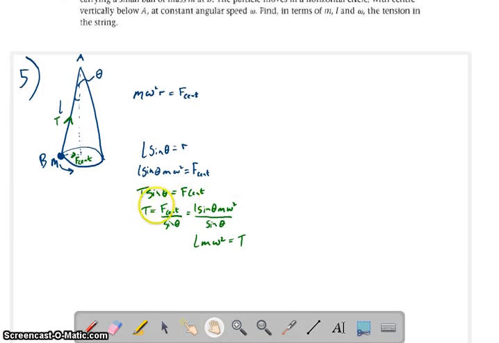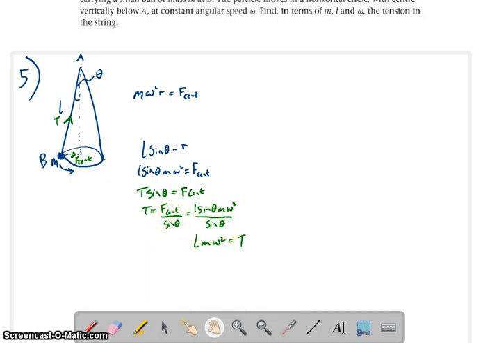So if we just call that T sin theta, okay, the centripetal force, then we can equate the two, because it's the sine component of the tension that's equal to the centripetal force. And so what we end up with is the tension is this.